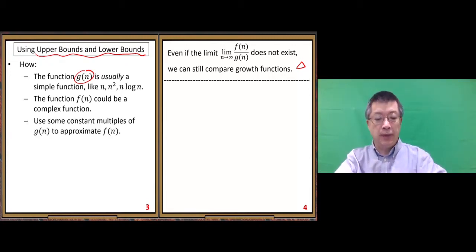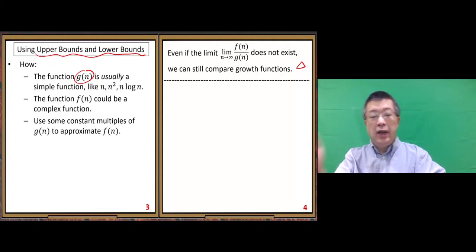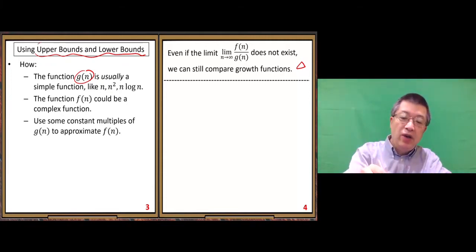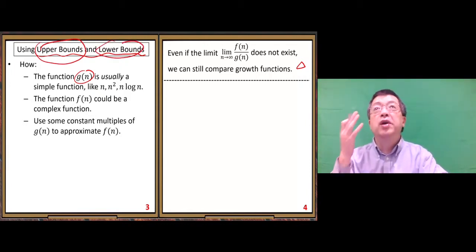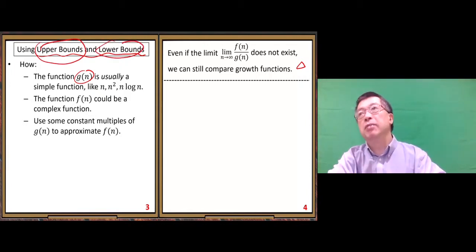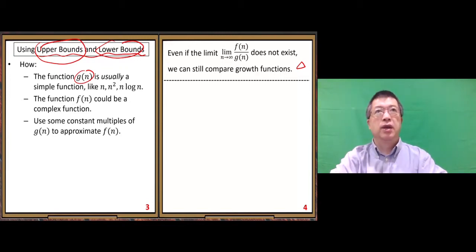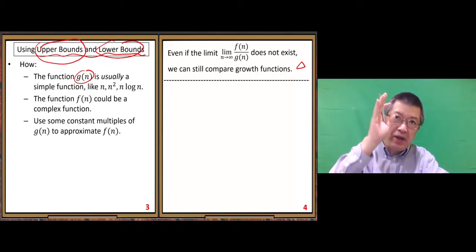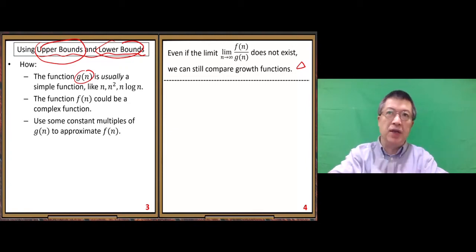So here, when we talk about upper bounds and lower bounds, what do we really mean? When you see the title, you may not get the exact meaning. So here we need to get the exact meaning of upper bounds and lower bounds.